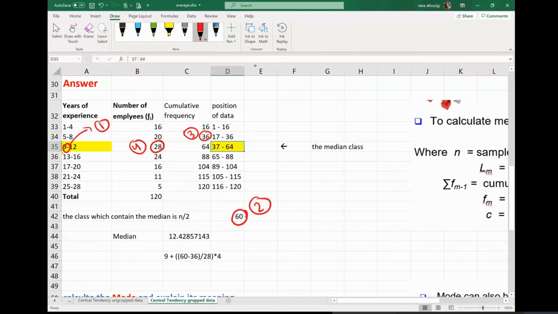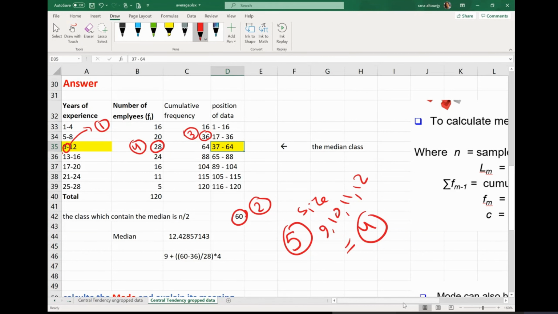The class size here is 12 minus 9, which is 3, but the number of data here is 4, which is 9, 10, 11, and 12. So the number 5 is the size, which means 4.